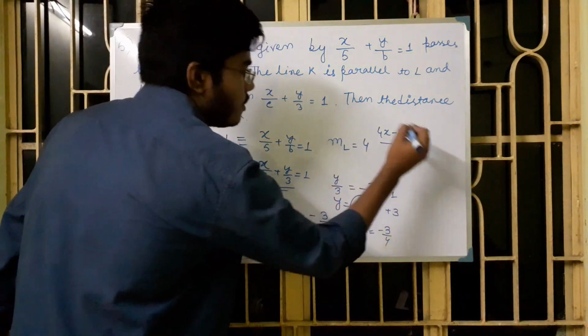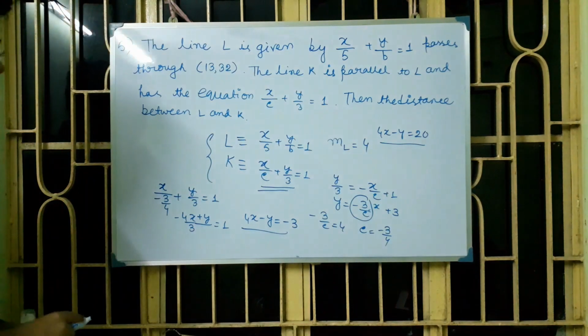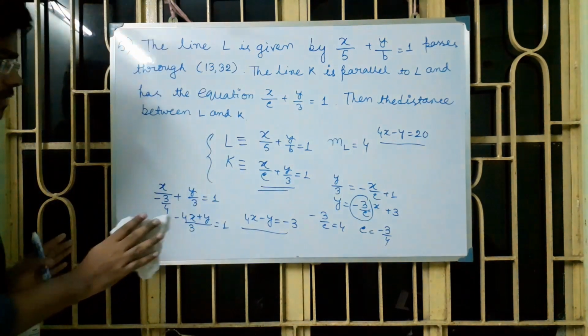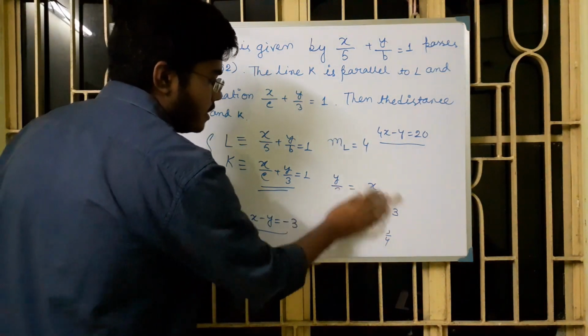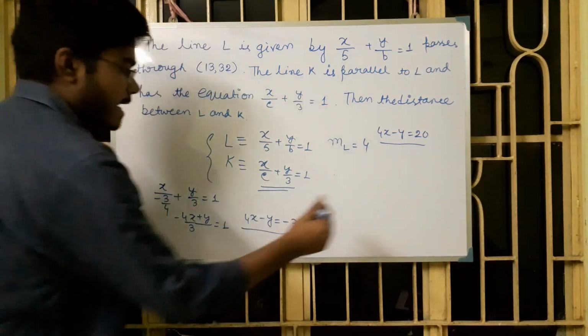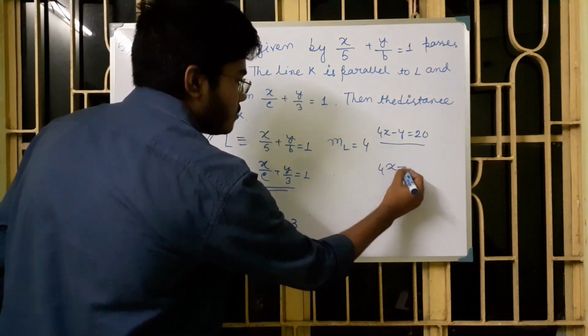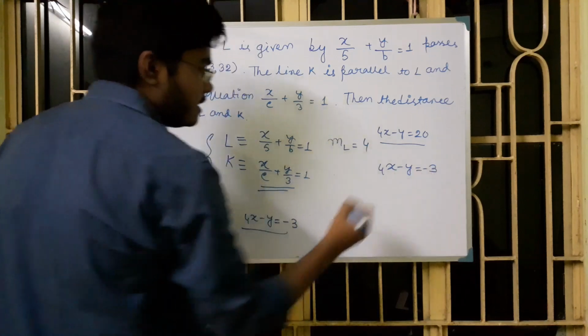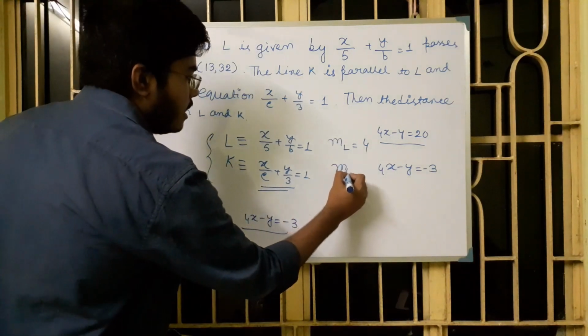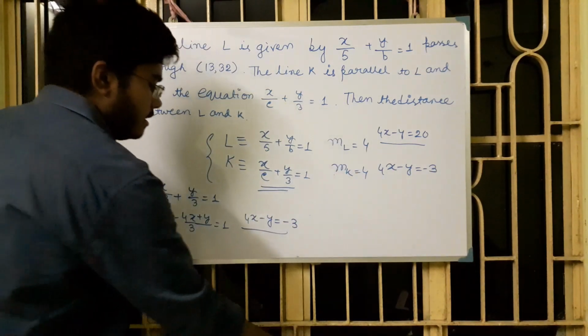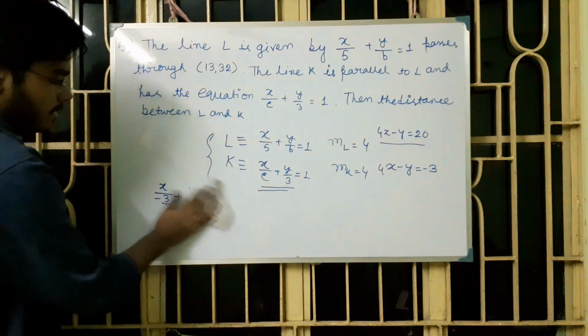This is 4x minus y equal to 20, and this is 4x minus y equal to minus 3. So we are removing the other parts and just write the equation of the straight line, 4x minus y equal to minus 3, and m of k is also 4, as the straight lines are parallel.